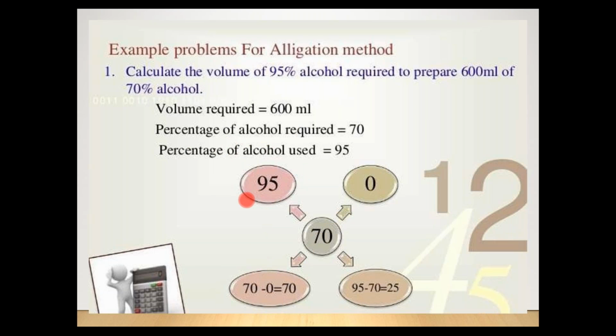So how many parts of stronger strength or 95% alcohol is there? It is 70 parts. And how many parts of 0 or this water is there? It's 25 parts. So first you have to write how much volume is required. Then whatever is the required percentage you have to write, that is 70, and how much of alcohol is used.